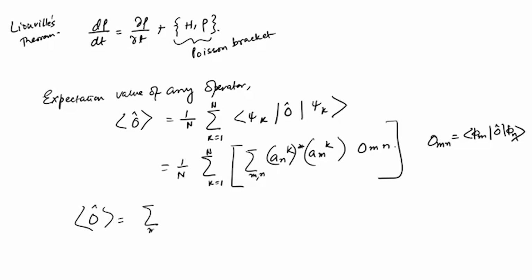This in terms of the density matrix is rho mn and O mn, and this is equal to a sum over m.